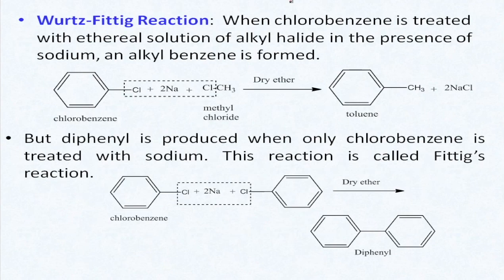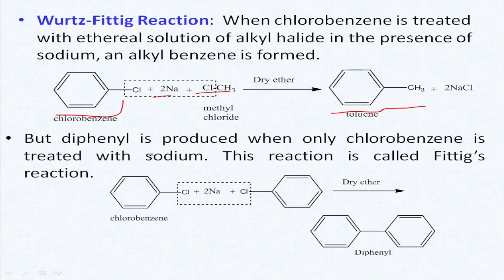Wurtz-Fittig reaction: chlorobenzene is treated with methyl chloride in presence of sodium and alkyl benzene is formed. Chlorobenzene with sodium and alkyl halide gives toluene or alkyl benzene.